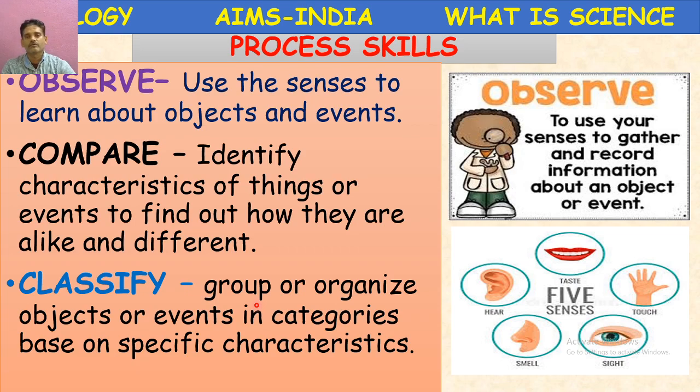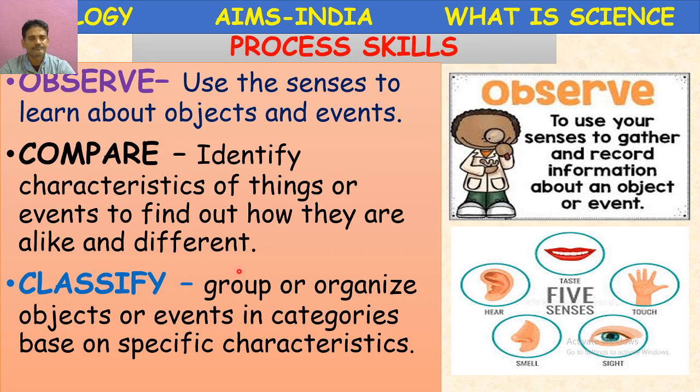You have to segregate. Here are the 5 senses: sight, touch, hearing, smell, taste. These are the 5 main senses, out of which you have to utilize at least 2 to 3 senses in observing the objects.